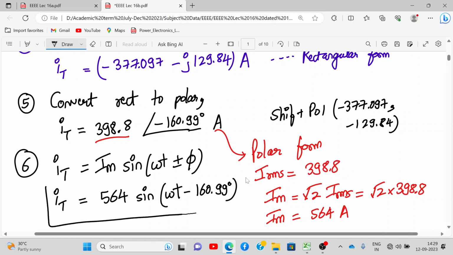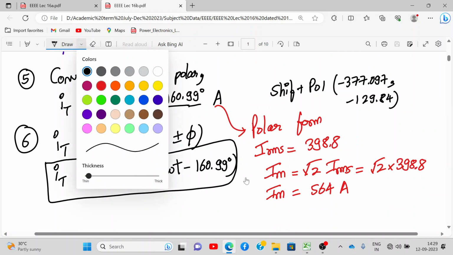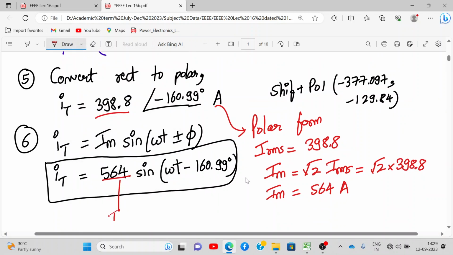This is the standard form. So first we converted standard into polar, polar into rectangular, added in rectangular, then the resultant again into polar and then again into standard form. Got it? So this is IM and this is your phi.